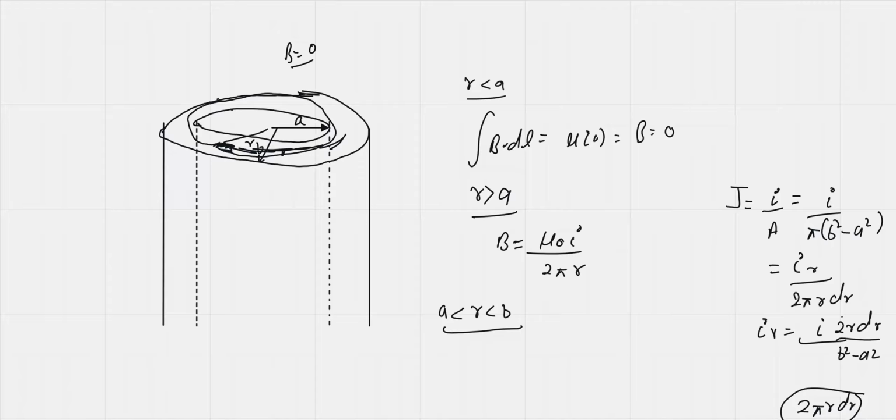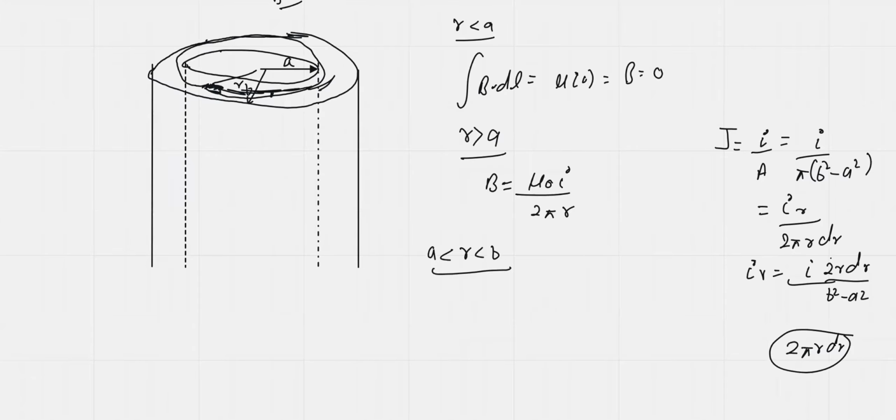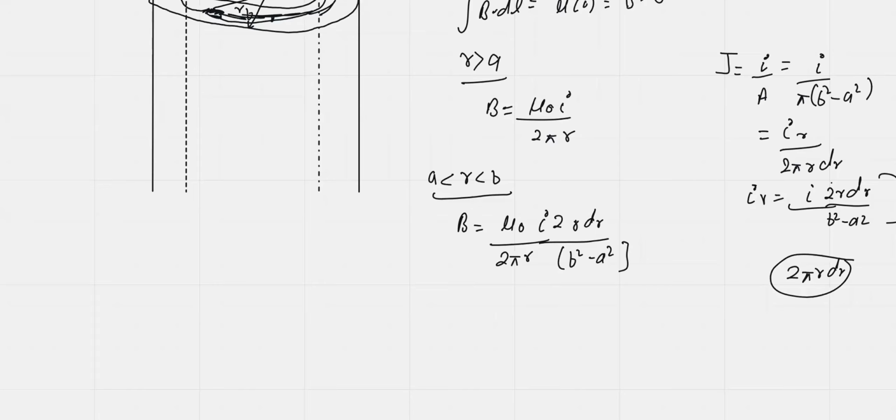Now for any b, mu naught I, at some distance r, that will be 2 pi r, that's obvious. What about I? This I should be like this: I 2r dr divided by b square minus a square. Now, from where to where are you trying to integrate? Your r is going from a to b, so just put the limits like that.